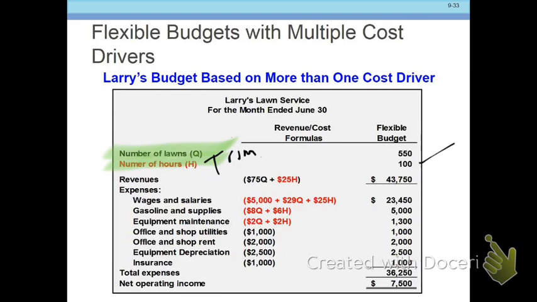He's modified his revenue, because he charges, in this case, $25 an hour to trim, and he's modified his expenses to cover the wages and salaries for 25 hours. He's also covered the gas and the equipment maintenance to take care of the trimmers. So is it possible to have more than one cost driver in one of these flexible budgets? The answer is yes.